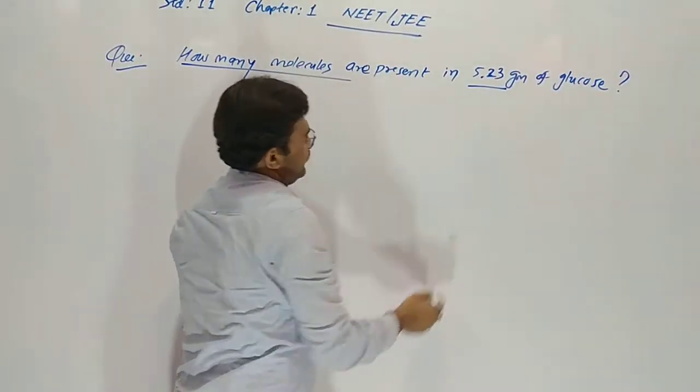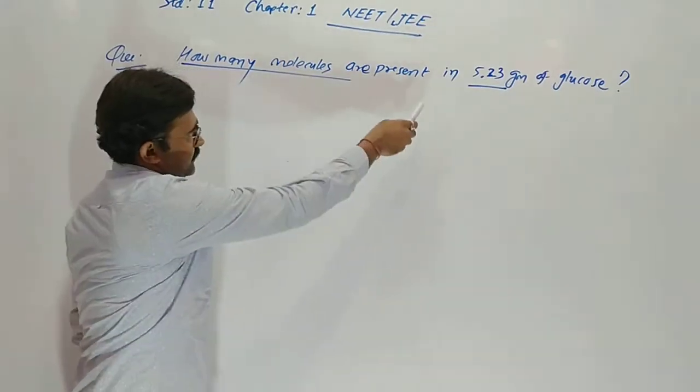Now another question. How many molecules are present in 5.23 gram of glucose?